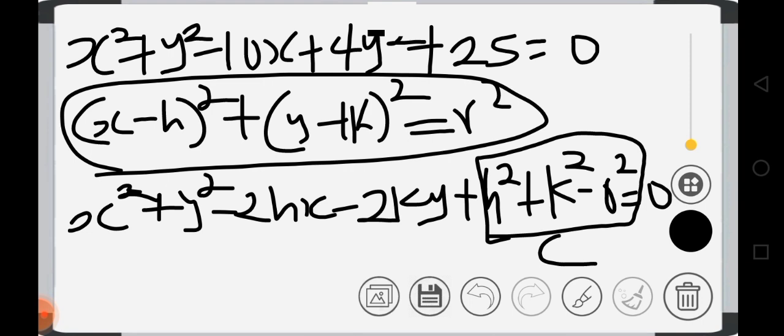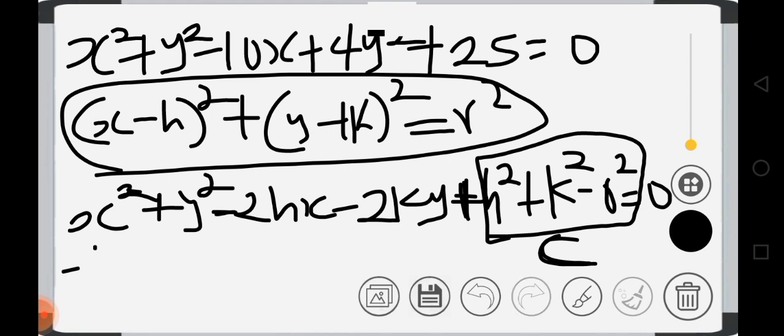Then since one is negative, we want everything to be positive throughout. This one will be plus c at the end of the day, and we want this and this to be positive. So let's do it this way.